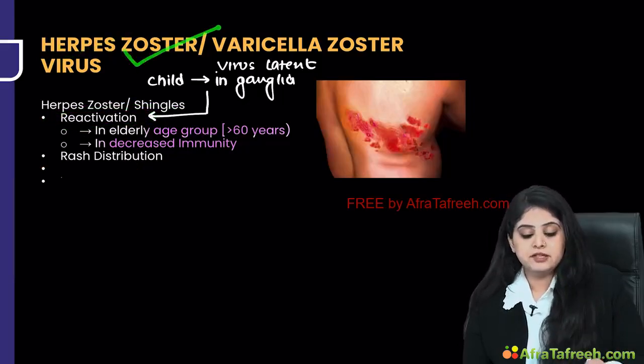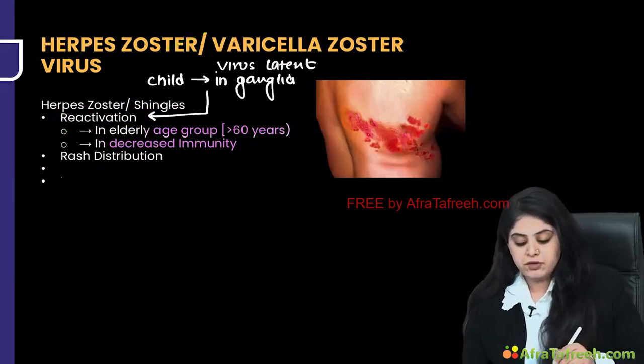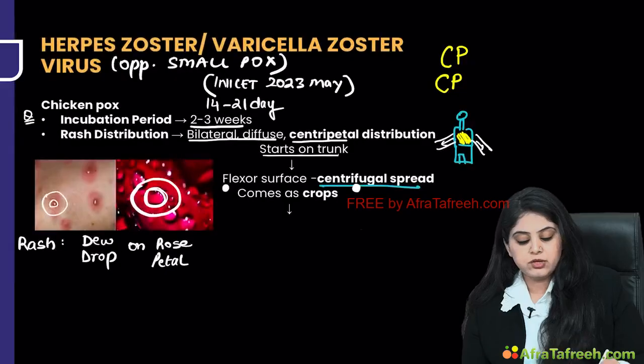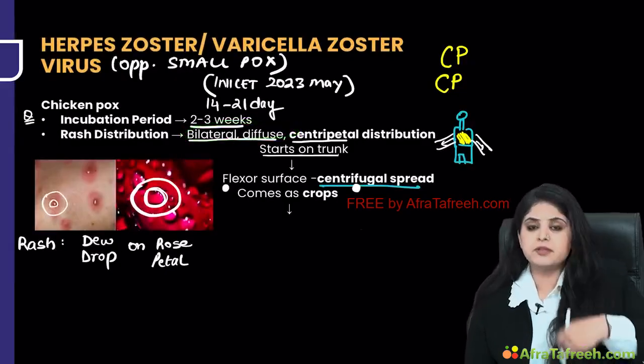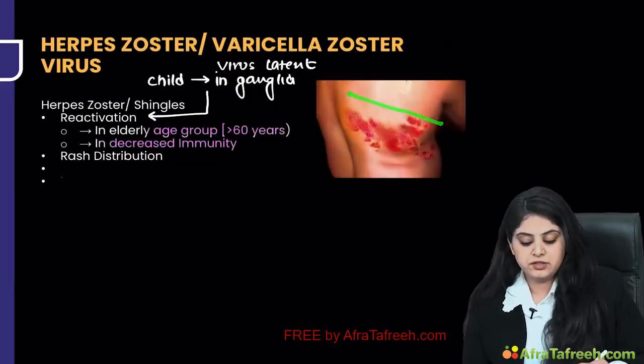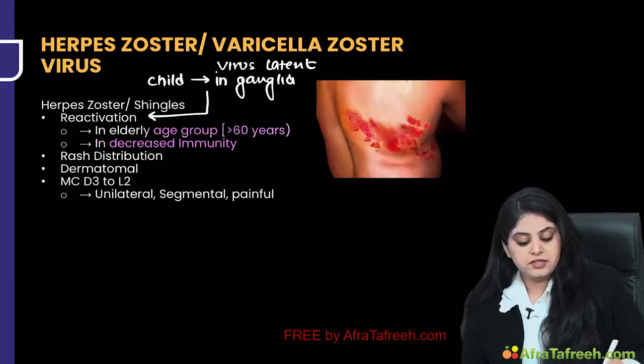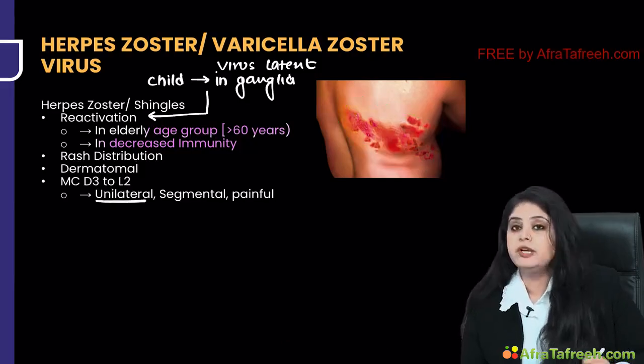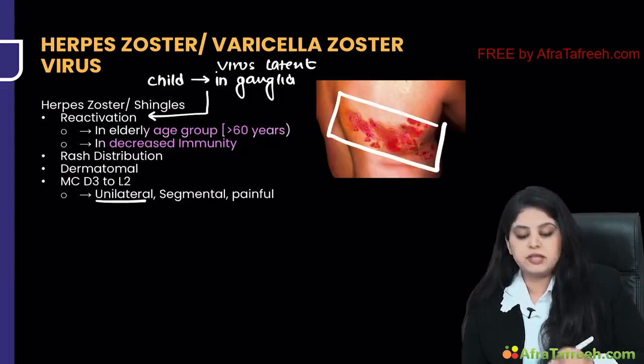So how is this different from chickenpox? If you remember, in chickenpox, the first thing that I told you was the rash was everywhere, centripetal everywhere. But in herpes zoster, you can see it is a unilateral dermatomal distribution. There is a unilateral rash which is going to be along a segment. Which segment?